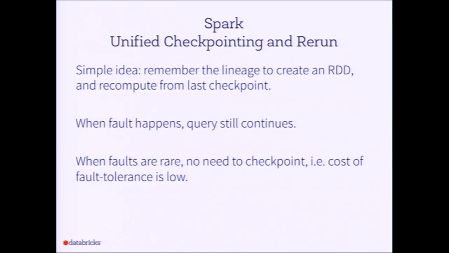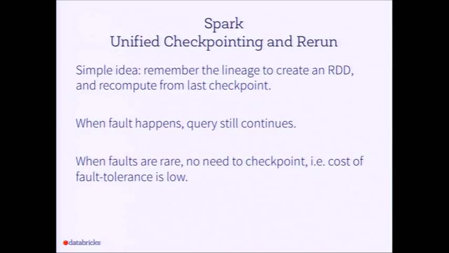So the idea in Spark is actually, Spark started with a fairly interesting idea, which is let's combine the two. I will allow you to checkpoint when the data processing is long and expensive, but in most cases, let's just rerun from the beginning, or in the case of a checkpoint, rerun from the last checkpoint.